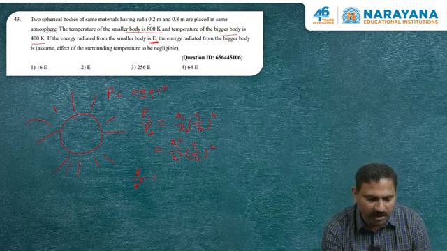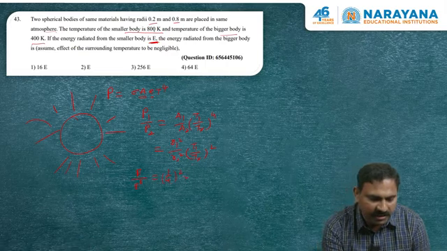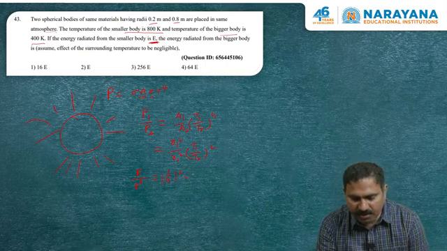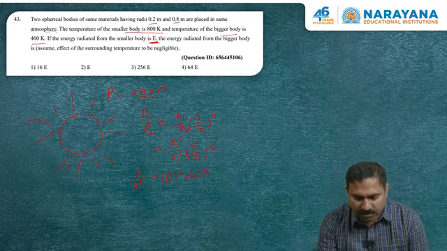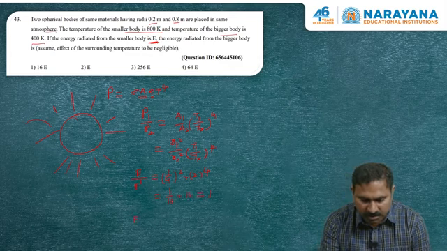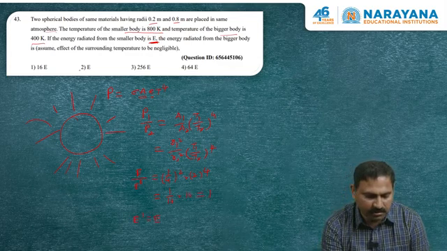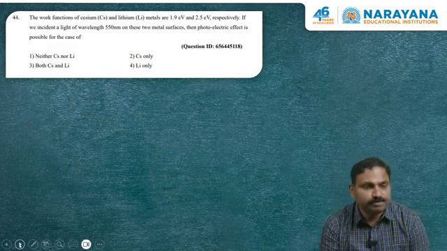For smaller body 0.2, for bigger 0.8. So this is 1 by 4 whole square into T1 by T2 which is 800 by 400, this is 2 power 4. 1 by 4 whole square is 1 by 16, 2 power 4 is also 16, ratio is coming out to be 1. So E prime equal to E. So this is given with second option. Let us go to the next question.